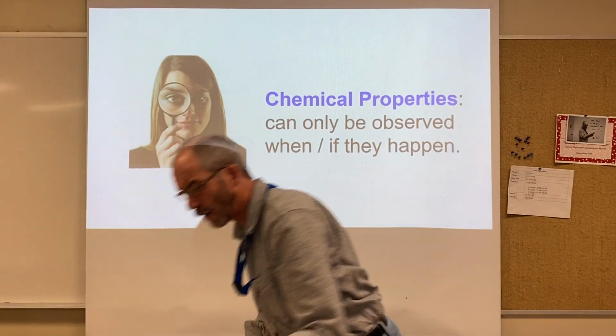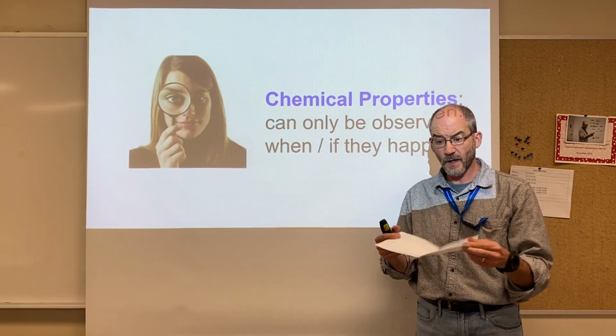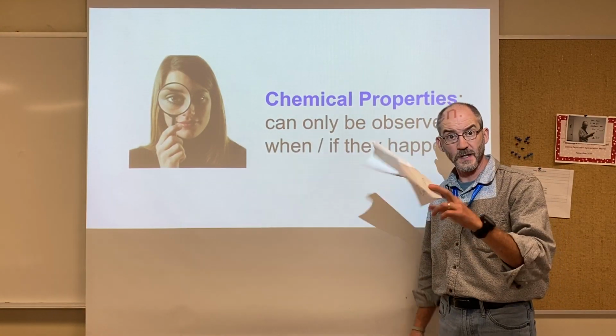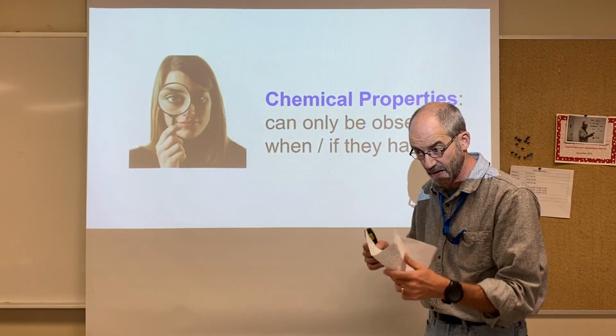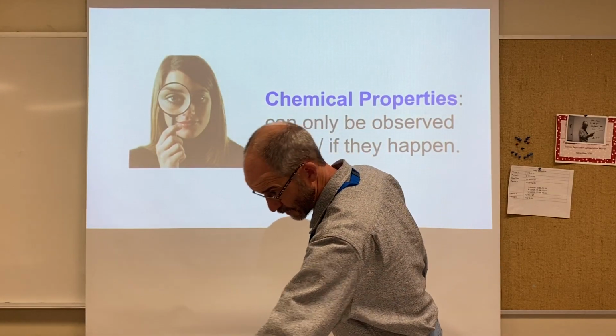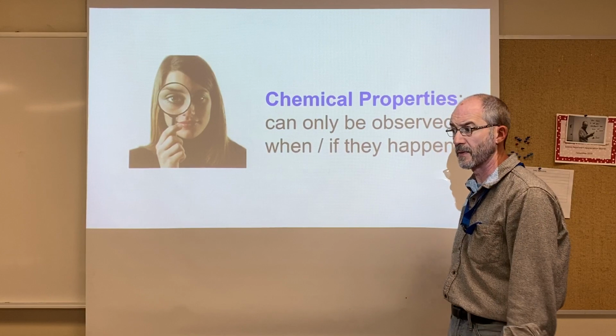Now, on the other hand, if I have a white piece of paper, I can readily observe that. If I take this piece of paper and crumple it up, I can readily observe that, but I'm not really changing the composition of the paper.